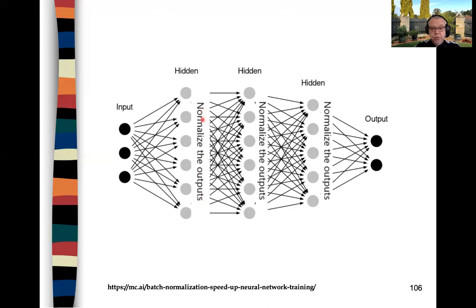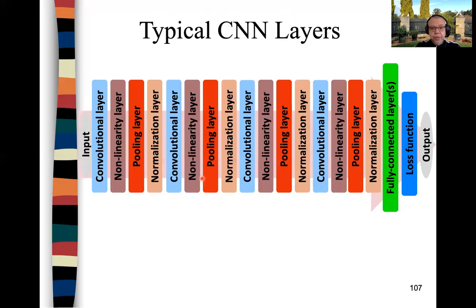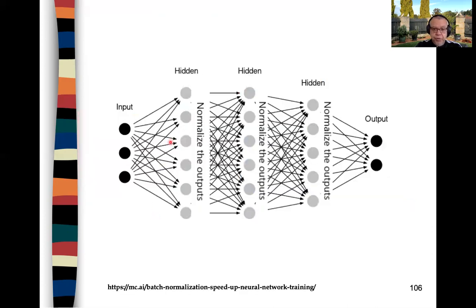And this is the most popular approach to normalize. Now, this is not to be confused with the normalization layer here, which was used because of the effect of using a ReLU. And we said that layer is mostly not used. So this is the normalization of the activation.